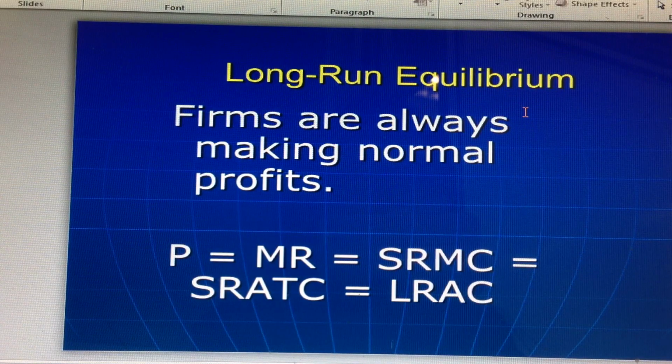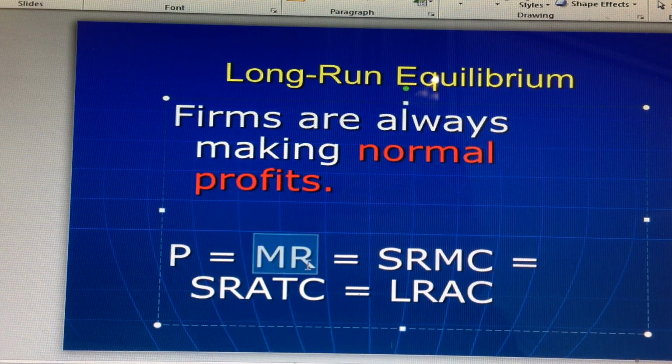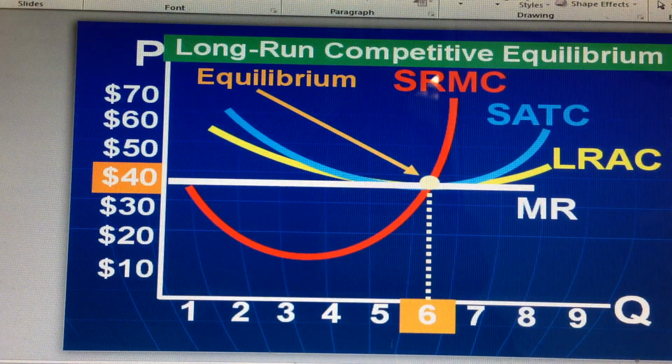So what about the long run? Long run, as I mentioned, we will always be making normal profit. The idea is just to change the name of the graphs. Your short run average total cost will be equal to the long run average cost curve and so on.